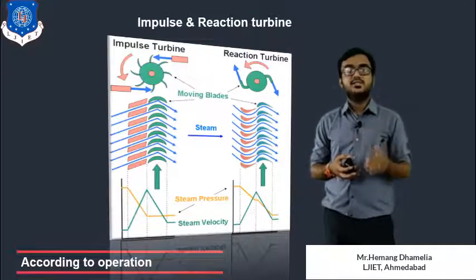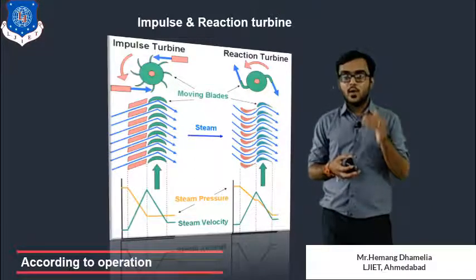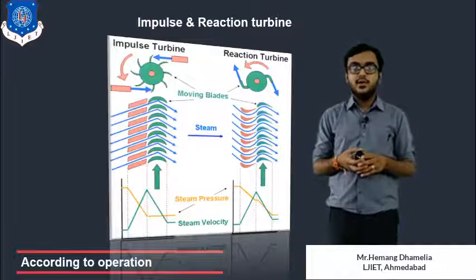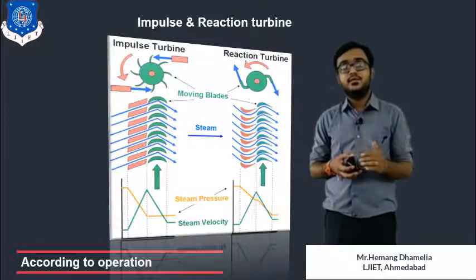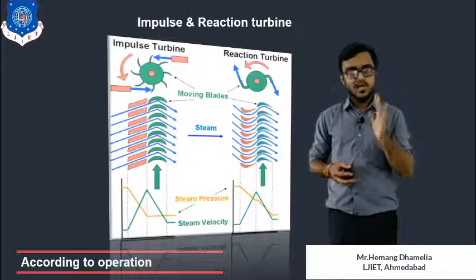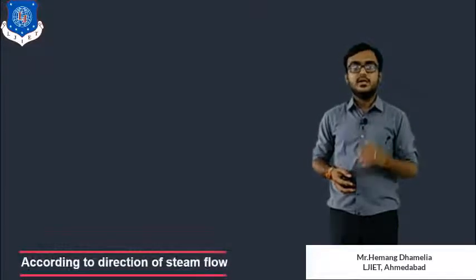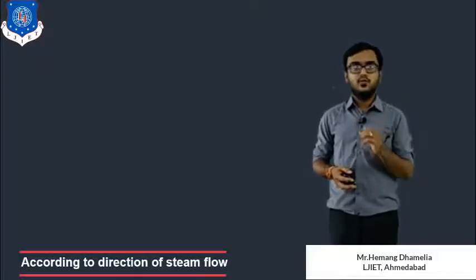The third difference is that from the construction point of view, impulse turbine is quite easy to design, while it is quite complex to design the reaction turbine. So it is all about the impulse turbine and reaction turbine. The next category of classification is according to the direction of steam flow.